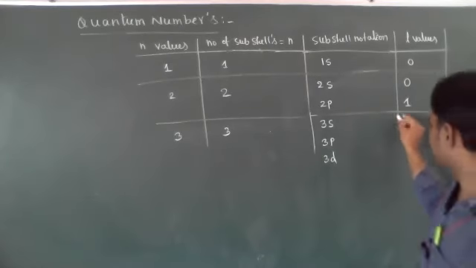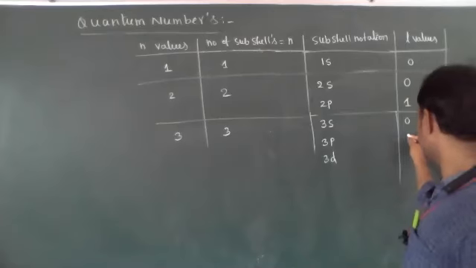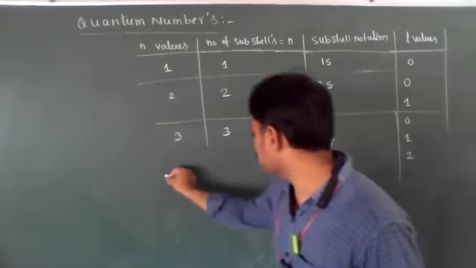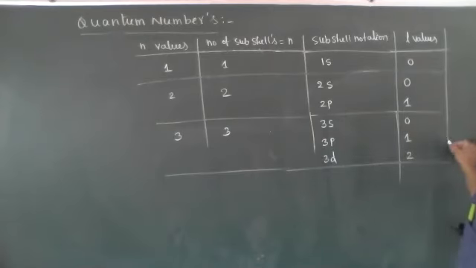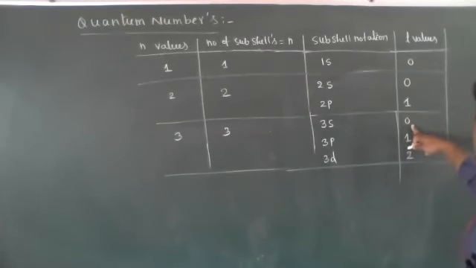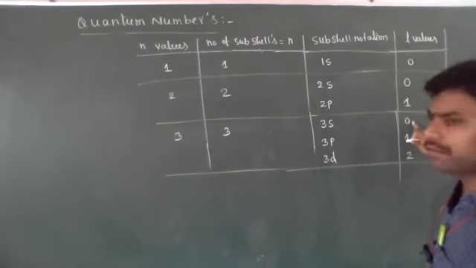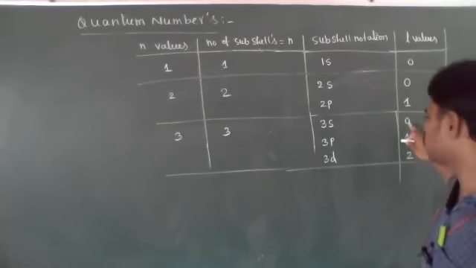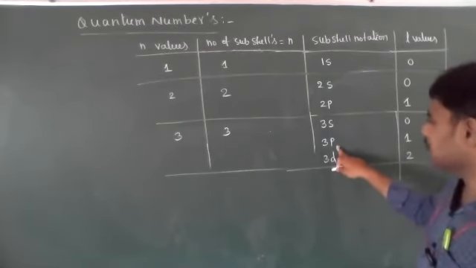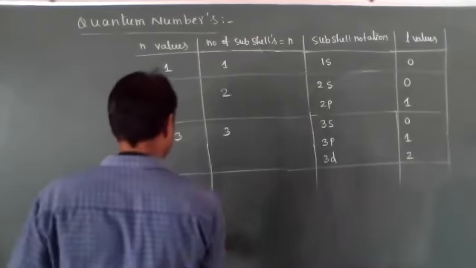For the s subcell, L value is 0, p subcell L value is 1, and d subcell L value is 2. If n equal to 3, the L values go up to n minus 1, maximum 2, minimum 0. So 0, 1, 2 only. 0 means 3s, 1 means 3p, 2 means 3d subcells.